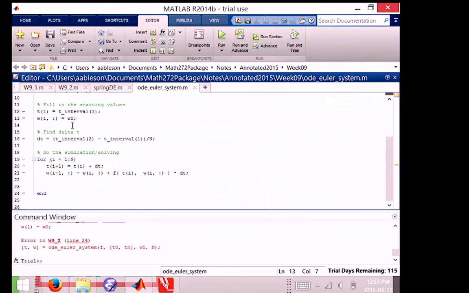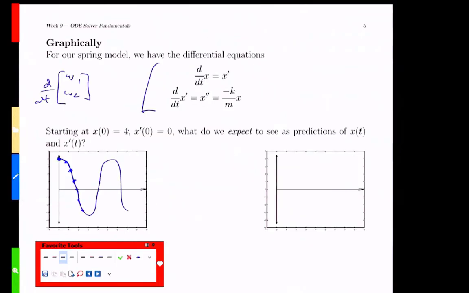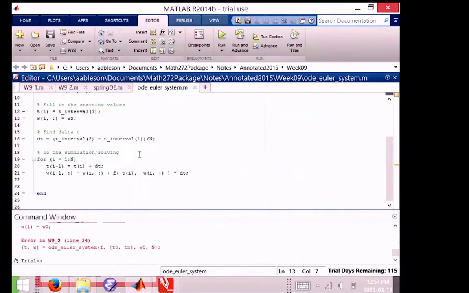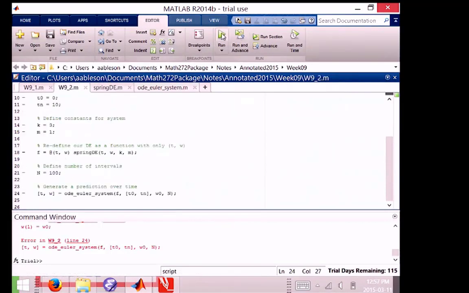W has, let's go back to the picture. There we go. The W0 should be that first row of this matrix here. This should be W0, which is position and velocity, which is 4, 0, which all makes sense in that context. OK, so we're going to save back to our main script and run her again.